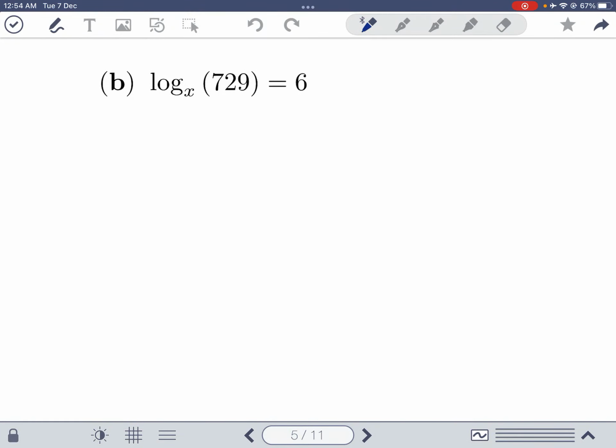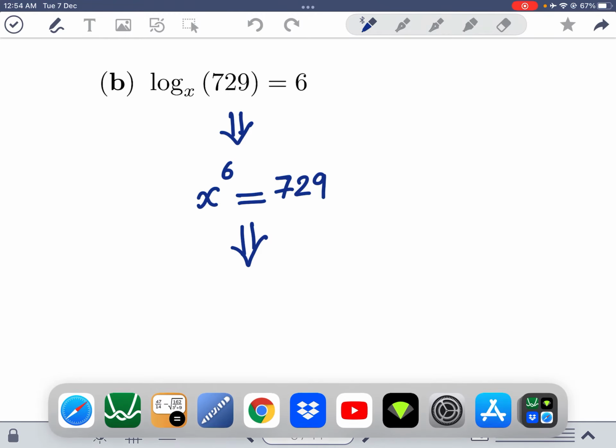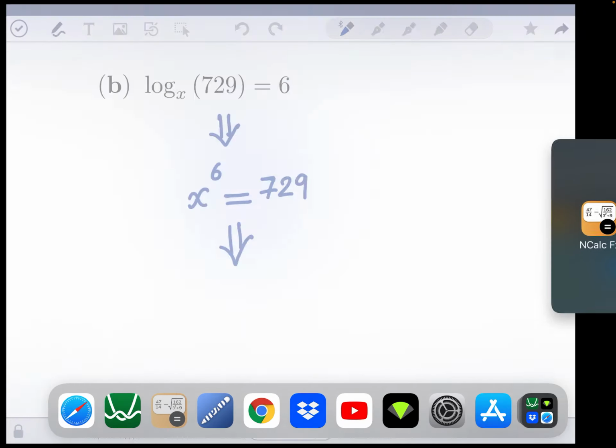This means exactly that x to the power 6 is 729. And notice that x is the base of a logarithm, so it must be positive. Here, when you have power 6, the answer could be plus or minus, but you will not take the negative here, because a negative is not a base of a logarithm.